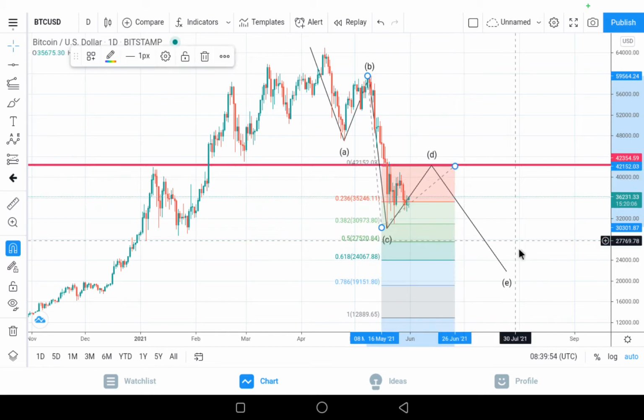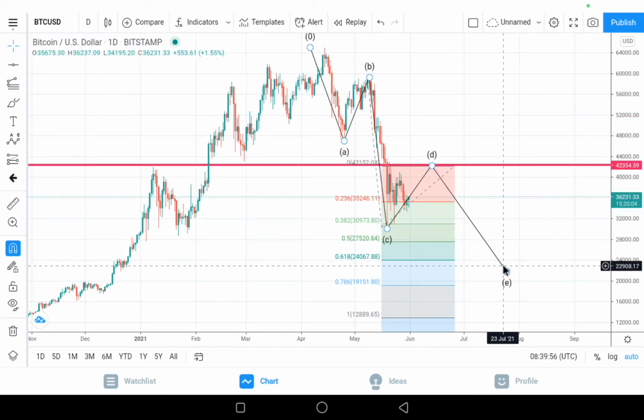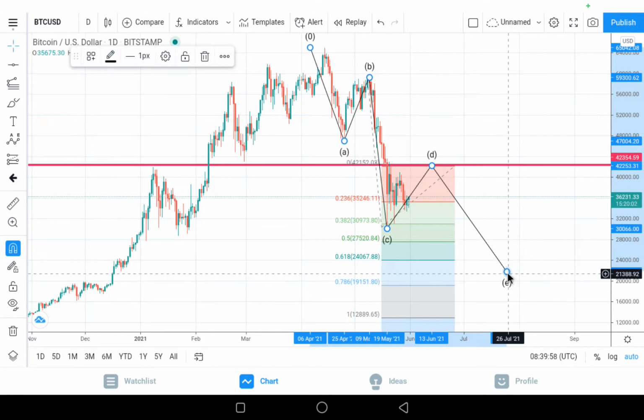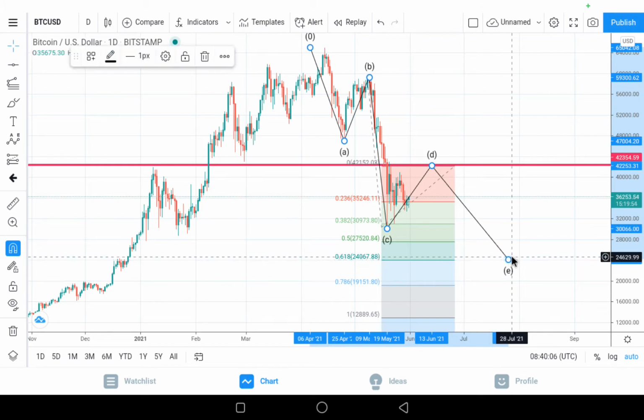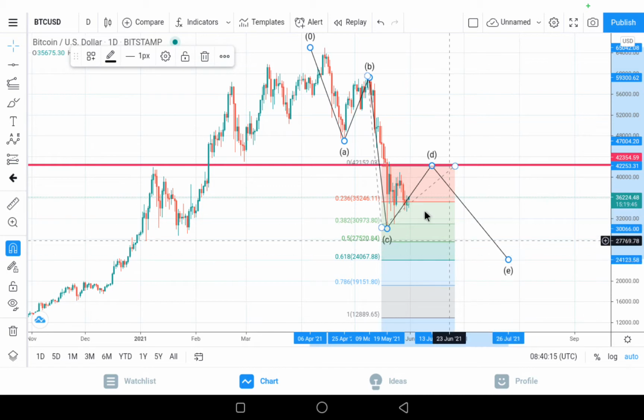Yes, I used 0.618. So according to the 0.618, it should be around 24,000. Now we've seen that number, 24,000, pop out from three different technical analyses. So it just gives you two scenarios. We should not break this, we should not go beyond $30,000.